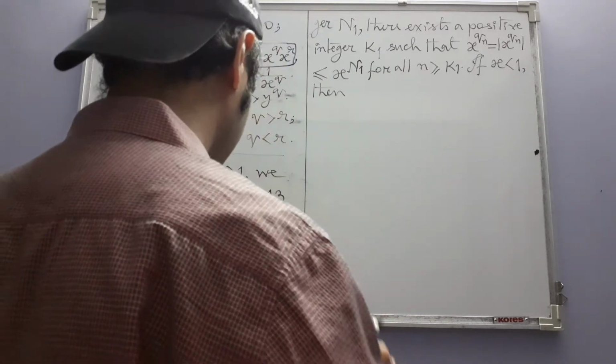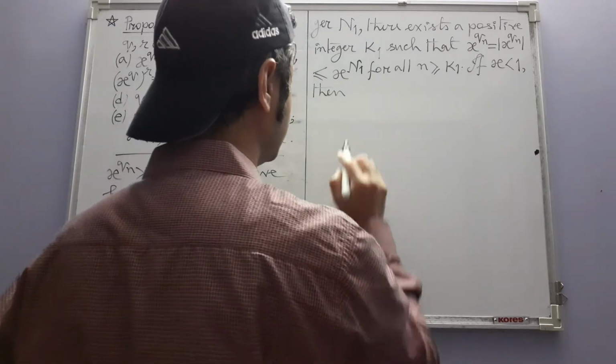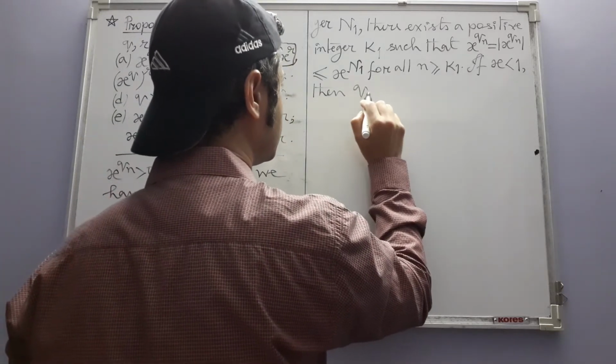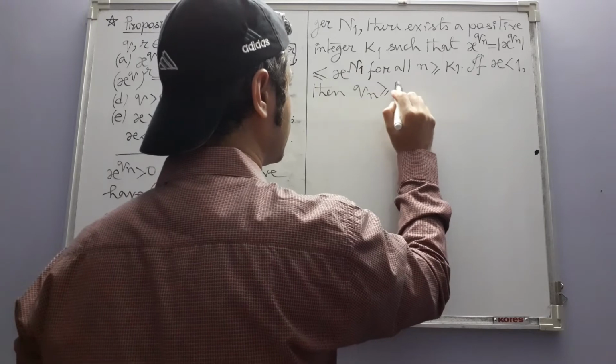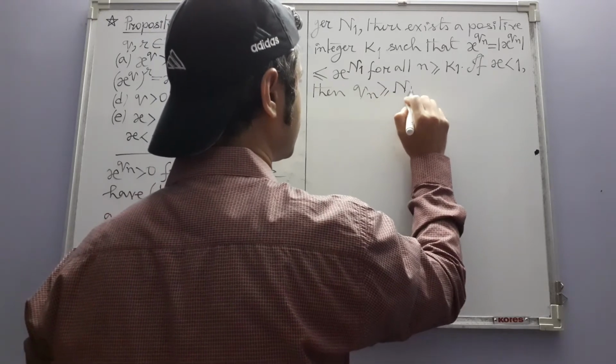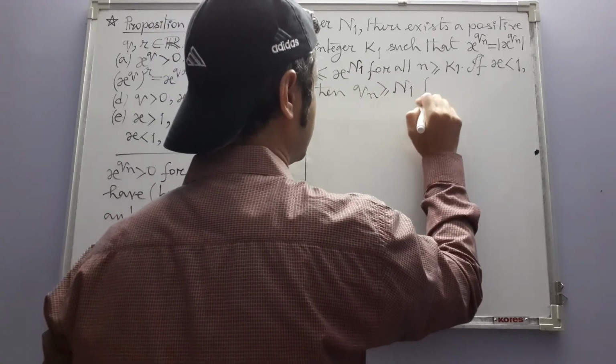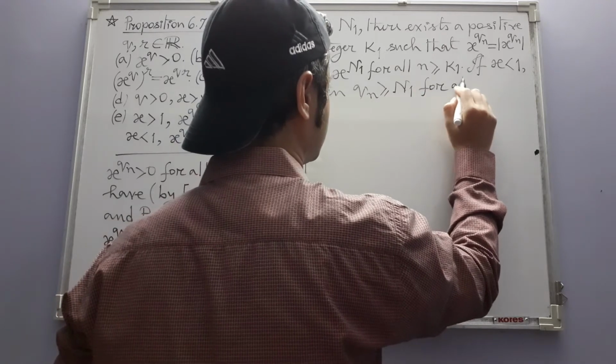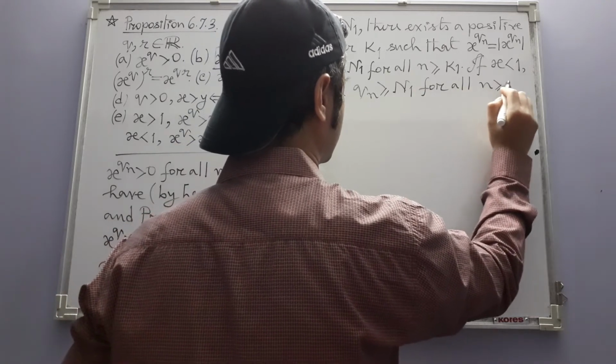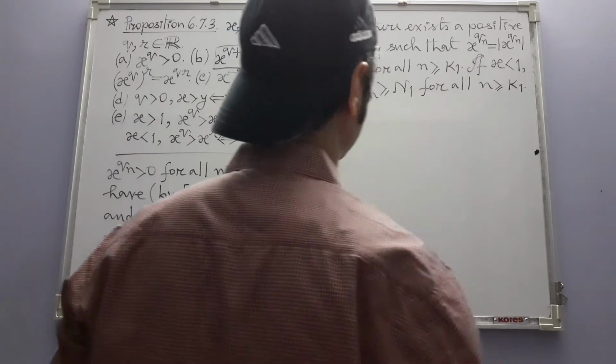You know what we are using here. Then Qn is greater than or equal to n1 for all n greater than or equal to q1.